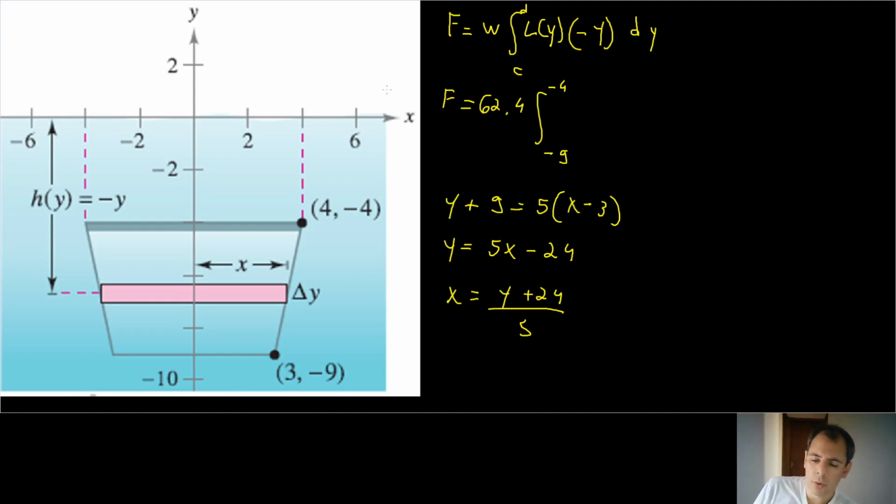So that's the value of x. So according to a certain y, if I give you the depth, you're going to be able to find the x. All right? For example, if I give you this depth right here, you're going to be able to find this value of x. But here's the thing. The length is twice that much, because this is symmetrical. So we got to multiply this by 2.